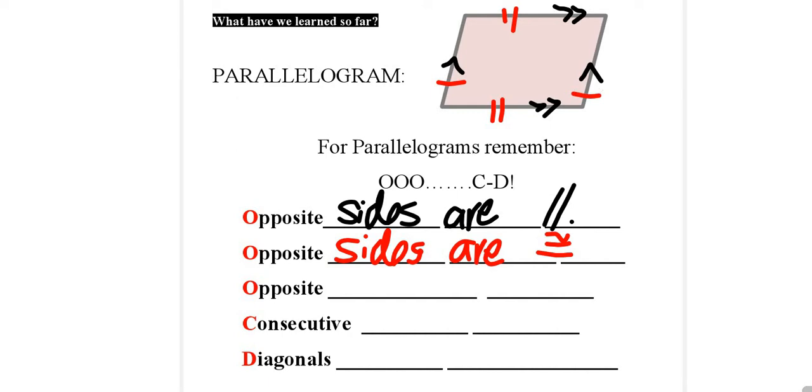Opposite sides are congruent. Opposite angles are also congruent.